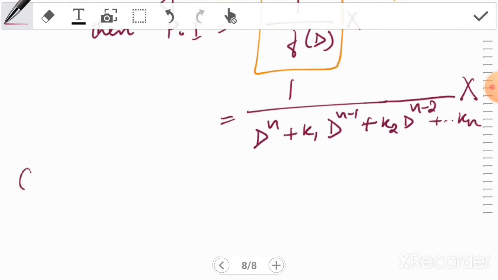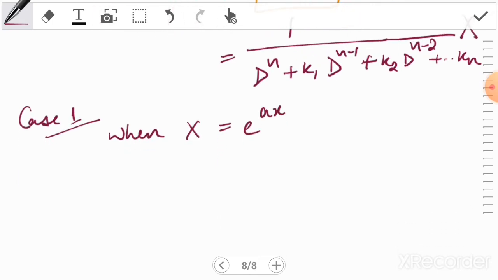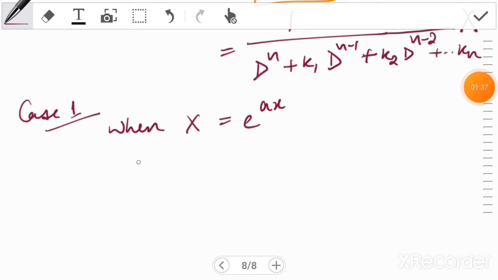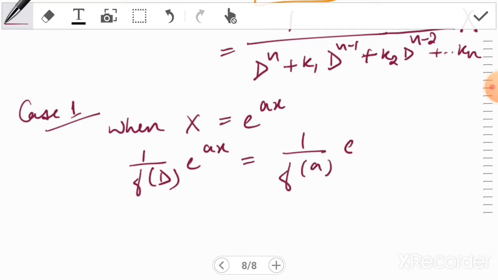So case 1, when X is equal to e raised to the power ax, then 1 by f(D) e raised to the power ax is equal to 1 by f(a) e raised to the power ax, provided f(a) is not equal to 0.